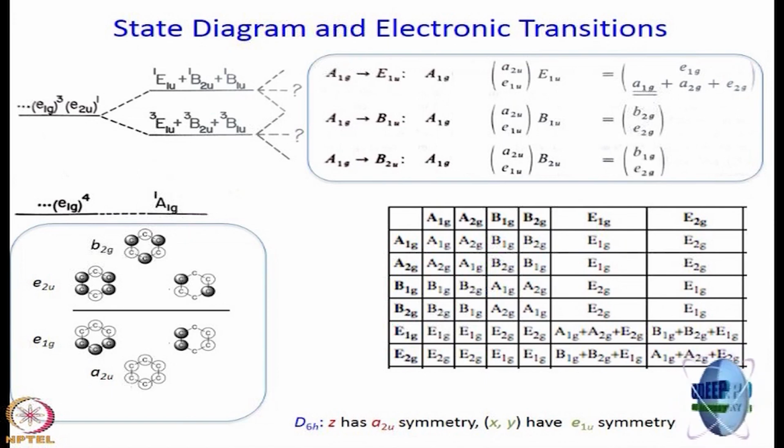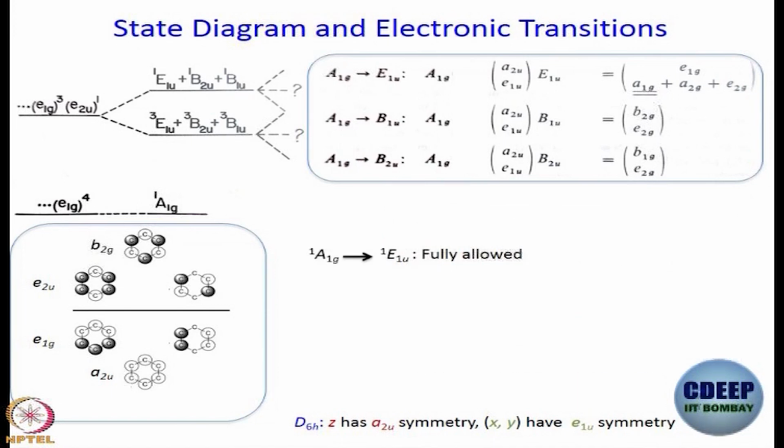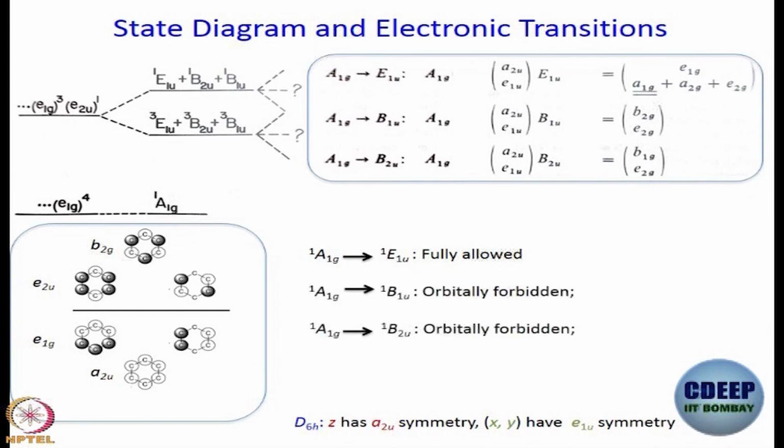Similarly, you can work out these as well, and you can convince yourselves that in only one case I get A1g, and that is A1g to E1u transition. So, that is what tells us that singlet A1g to singlet E1u is a fully allowed transition. What is the meaning of fully allowed transition? Spin allowed as well as orbitally allowed. The other two are orbitally forbidden.